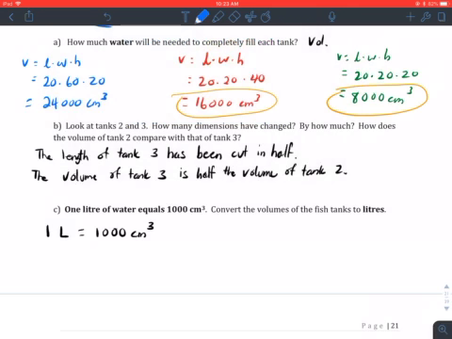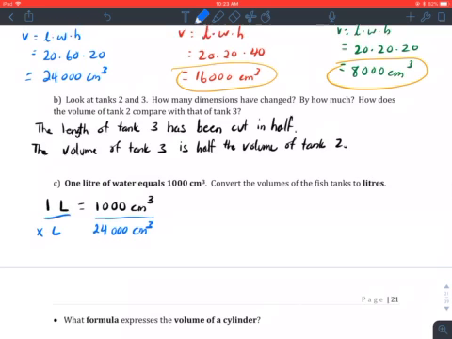And we're going to match up our units. So if on the left I have centimeters cubed, on the right I should have my value for centimeters cubed. And we're going to figure out how many liters that amount turns into. If we do our cross multiplication and then divide by the number that's left over, we get right to our answer. And we end up with x being equal to 24 liters.